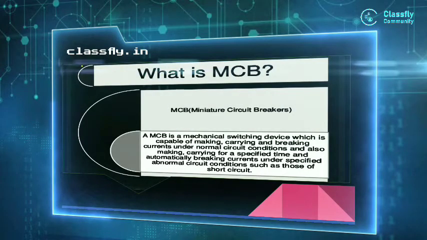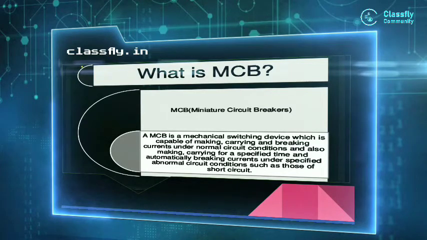Beforehand, we should know what MCB basically is. We all know that its full form is miniature circuit breaker. An MCB is a mechanical switching device. What is it? It is a mechanical switching device which is capable of making, carrying and breaking currents under normal circuit conditions.